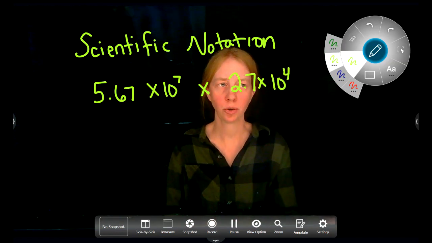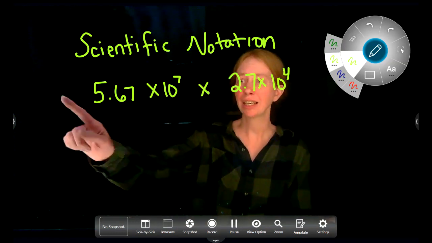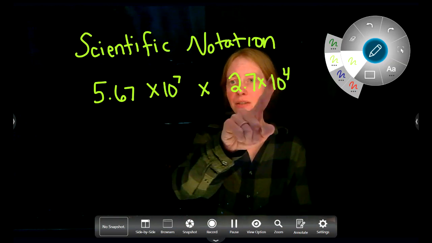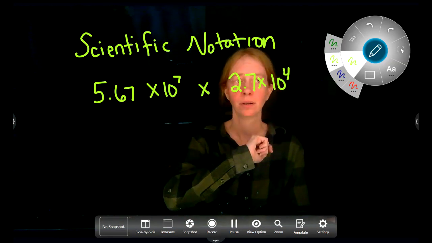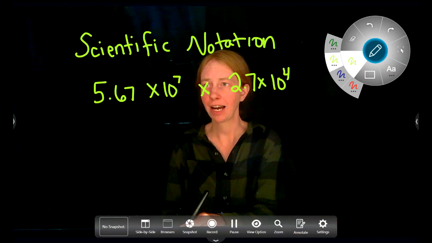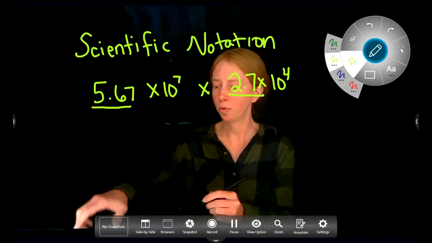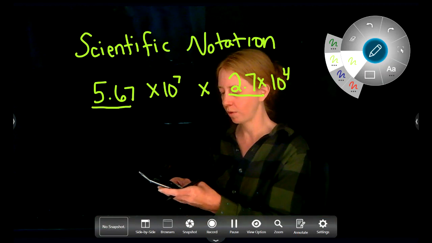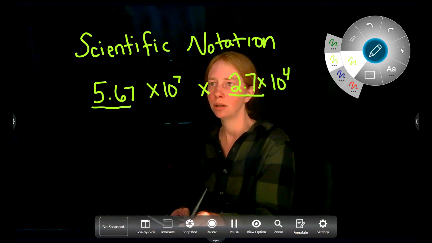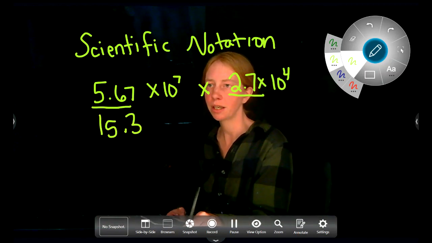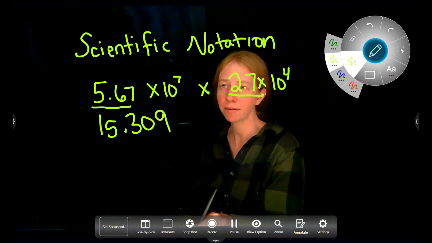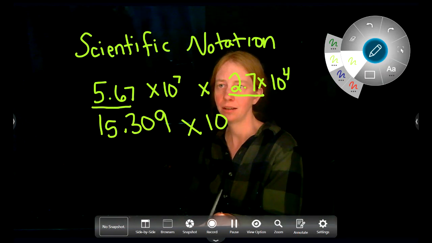What we're doing here is considering these our coefficients, and we're using the product of powers rule for the powers of 10. So I'm taking 5.67 times 2.7. Let's do that first. 5.67 times 2.7 equals 15.309.